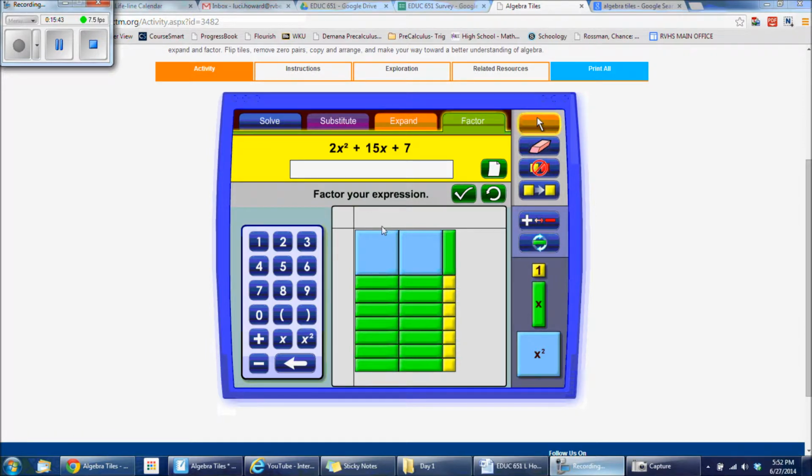If we try and figure out what would go across the top, well, in order to get an x squared, I'm going to need an x plus another x, or in this case, I'm going to need two x's in order to get 2x squared. And then how am I going to get one x here, and then 7 down here? 7 ones.